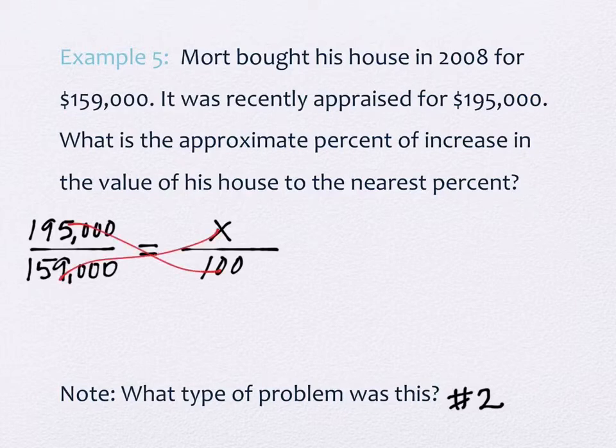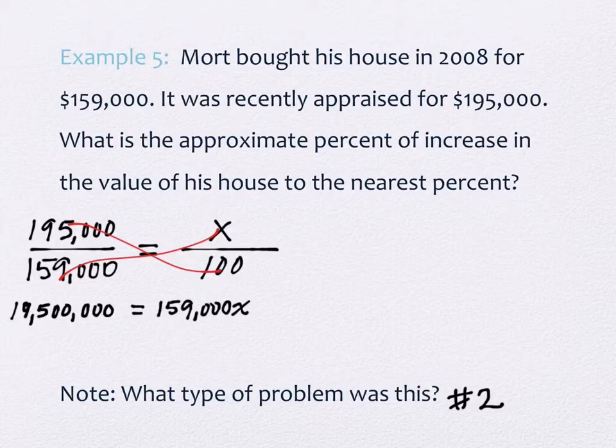All right, so we're going to cross multiply. 195,000 times 100 is actually 19 million, 500,000, equals 159,000 x.